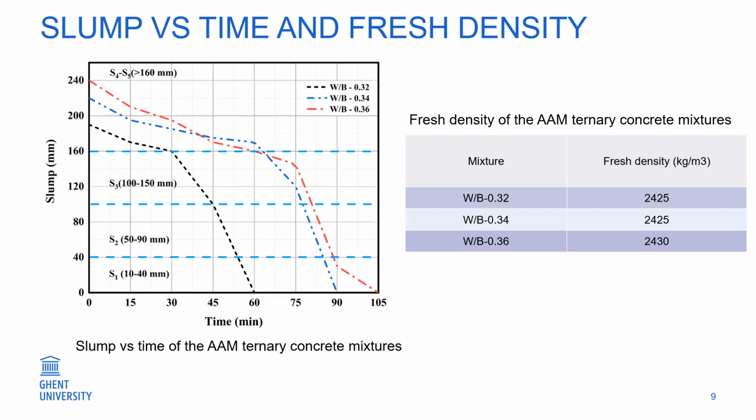The mixture with water to binder ratio of 0.32 displayed a lower slump value of 13.5% and 18% after 30 minutes compared to the mixtures with water to binder ratios of 0.34 and 0.36 respectively.